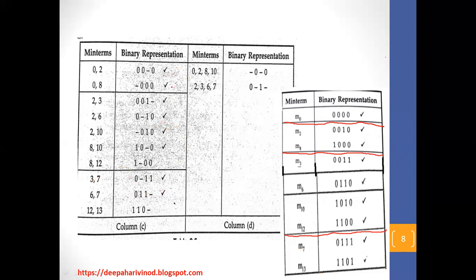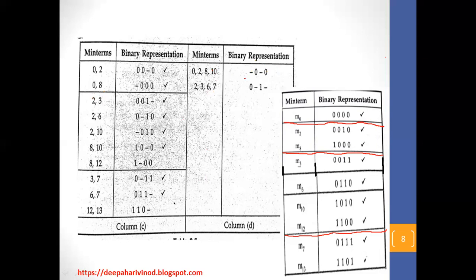Check where you don't have the tick mark. Don't forget to put the tick mark if you compare the minterms. If you didn't compare, then it's okay, because we will be including that as a prime implicant. If you forget, then the answer will go wrong, so keep in mind that you should not forget to put a tick mark.